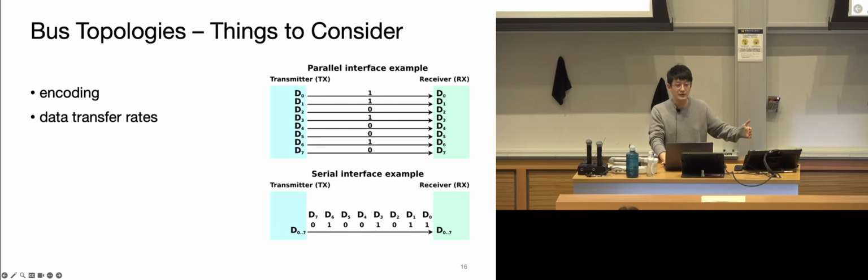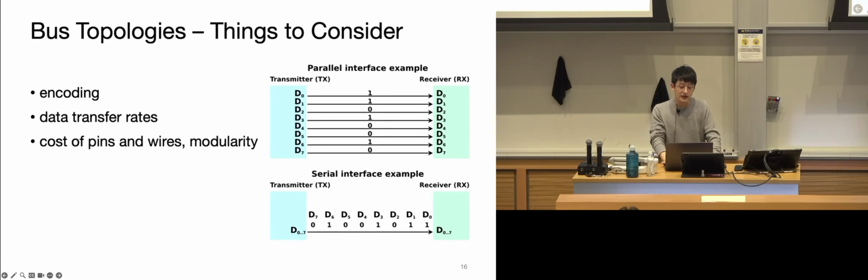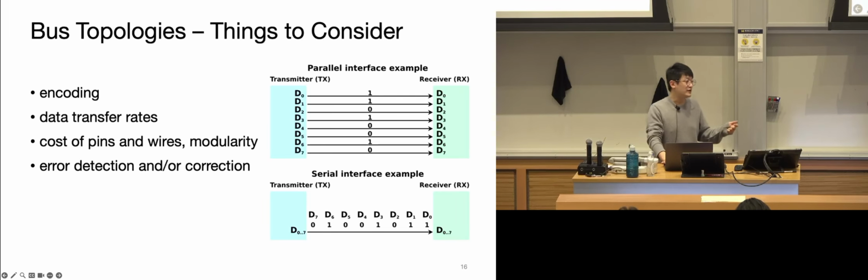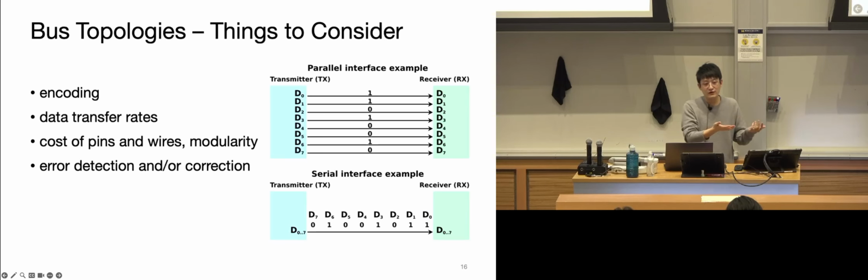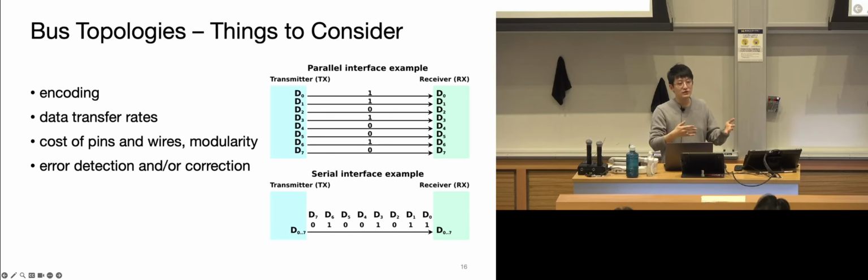If it's a reasonable speed, you go with serial. Also cost of pins and wires, and error detection or correction. Generally the parallel ones can go faster. At the same clock speed, parallel will be less error-prone, whereas with the same clock, serial could have higher chances of error.